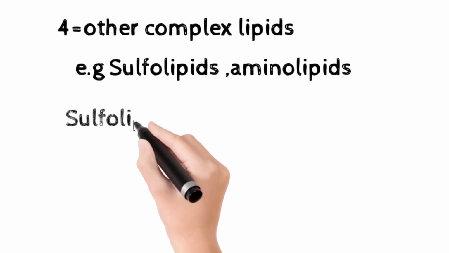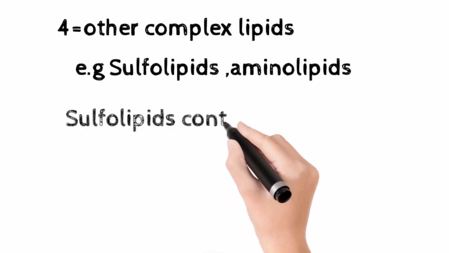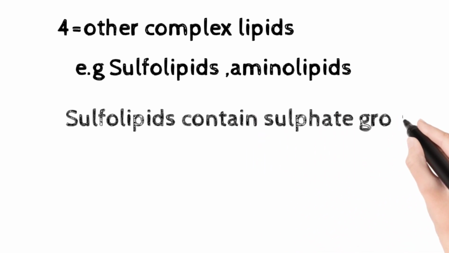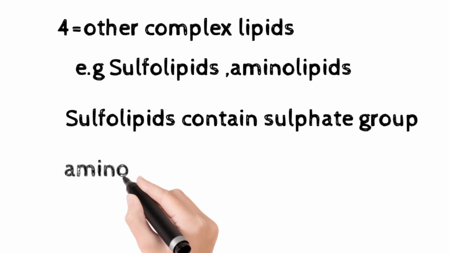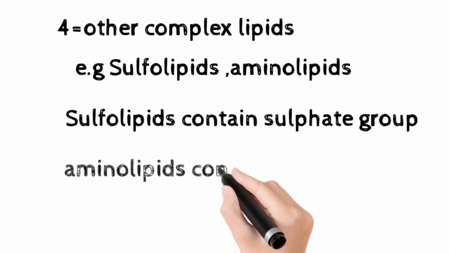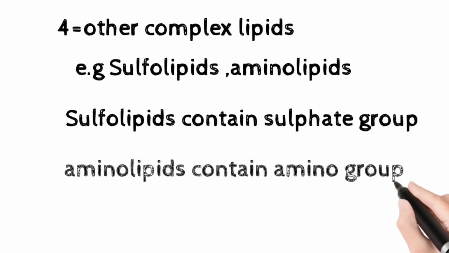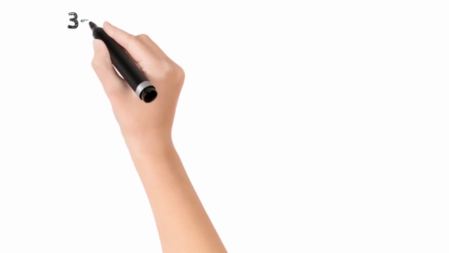The sulfolipids contain a sulfate group, and aminolipids contain an amino group. Now these are the 4 types of compound lipids.